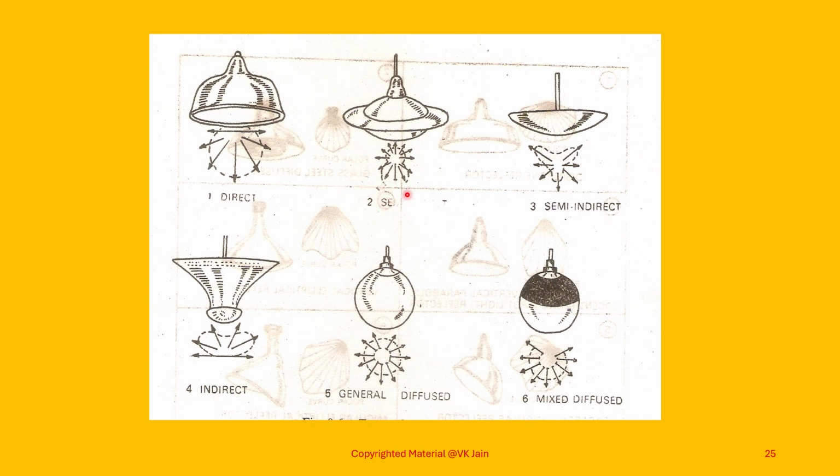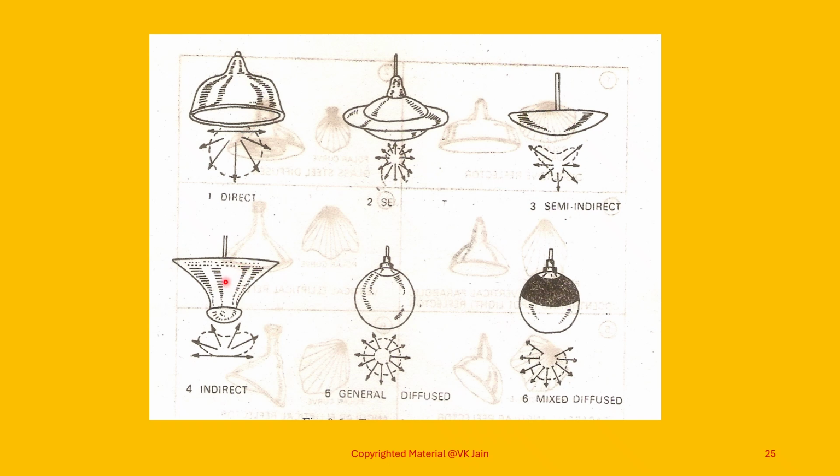You can see some portion of this goes up here and some portion comes to the task. Here, everything is going to task. The third one is semi-indirect. In this case, part of light goes down, whereas most of the light goes up. It is known as semi-indirect type of fitting.